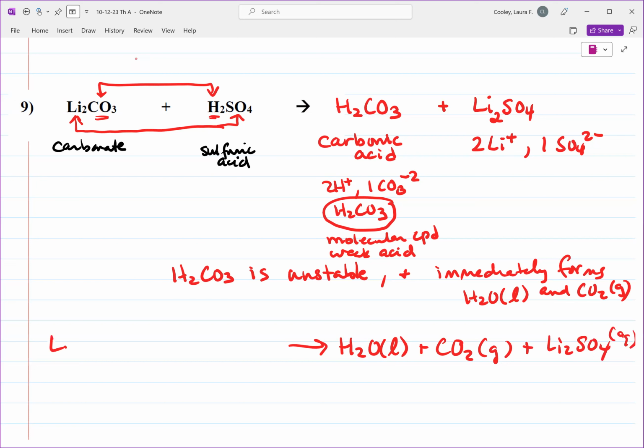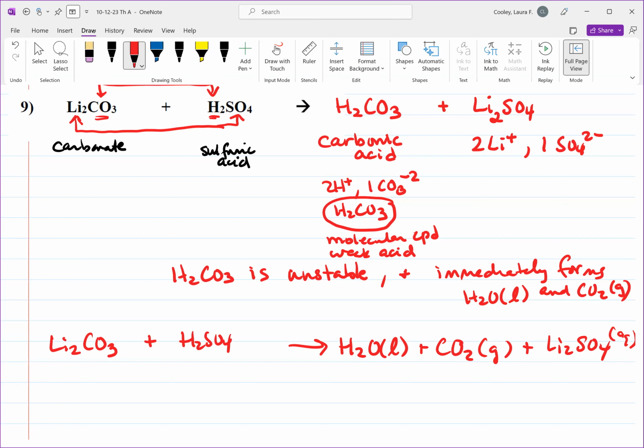So to write the whole thing again, lithium carbonate, which we never put in the phases, so we have to do that now. Okay, H2SO4 is an acid, so is it soluble or insoluble? Soluble, yep.